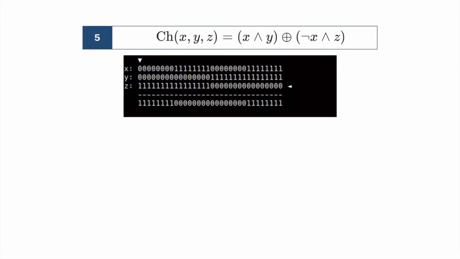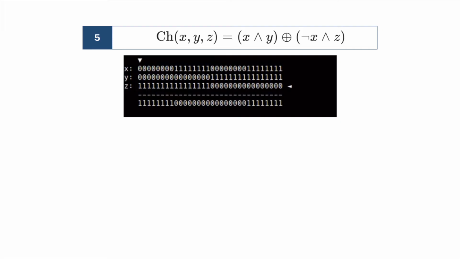There are 2 other SHA-256 functions, but unlike the previous functions, these ones do not make use of the rotate and shift right operations. One is the choice function denoted by CH, which takes 3 32-bit word inputs x, y, and z. It is defined in terms of a logical statement as ANDing x and y and not x and z respectively, and then performing the XOR operation on these 2 bits.